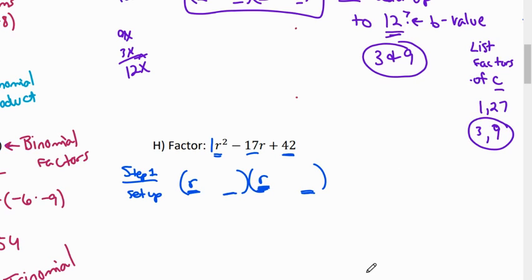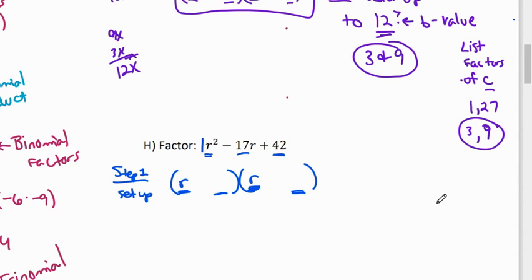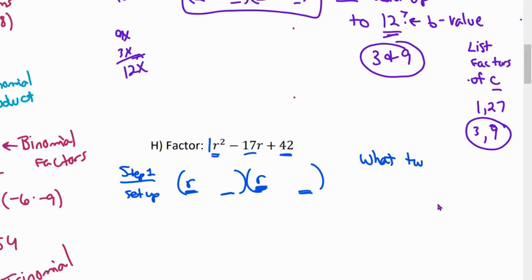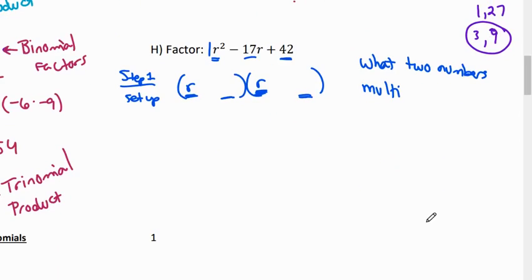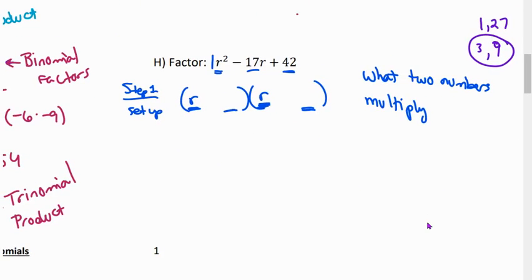So one thing that I am going to introduce you to is an X. On the Delta Math program that you're going to be doing your assignment on, it's called the X game, but it's basically just a strategy for finding your two numbers. So the question is, what two numbers multiply to equal 42, positive 42?